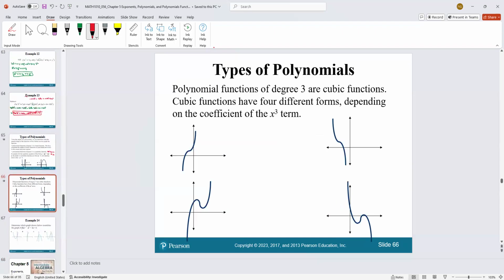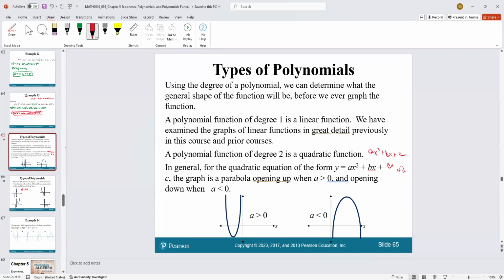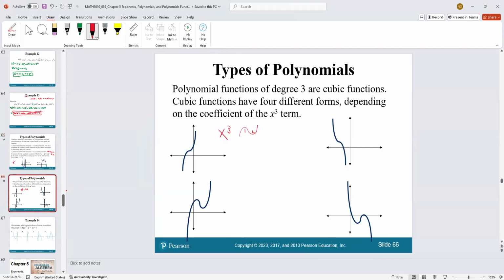Polynomial functions of degree 3 are cubic functions. Power 3 means you turn two times, 1 and 2. Because if it was power 2, x power 2, you turn only one time. Power 3, you turn 2 times. Now, what you need to remember here is that you rise from left to right if the x cube coefficient is positive.